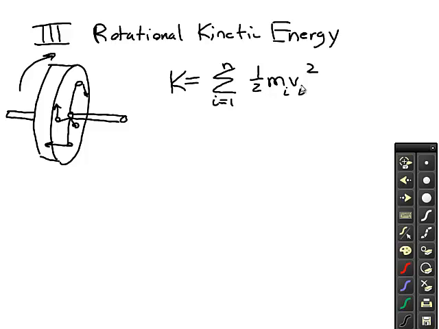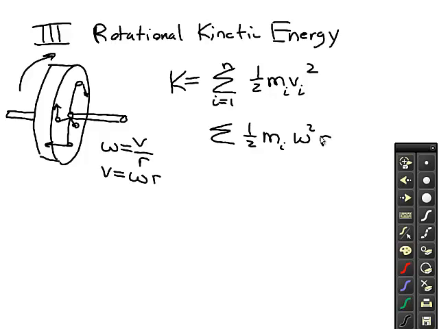Oh my gosh. Now, take a look at this. Remember that omega is v over r, or v is omega times r. So I can rewrite this puppy up here. I can say, all right, this is the summation of 1/2 m omega squared r squared.